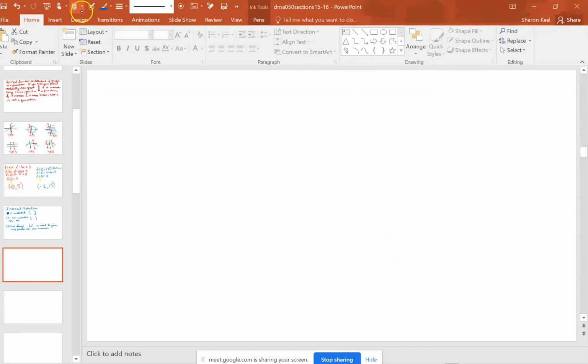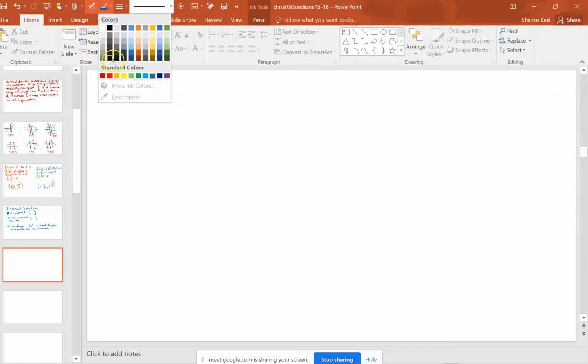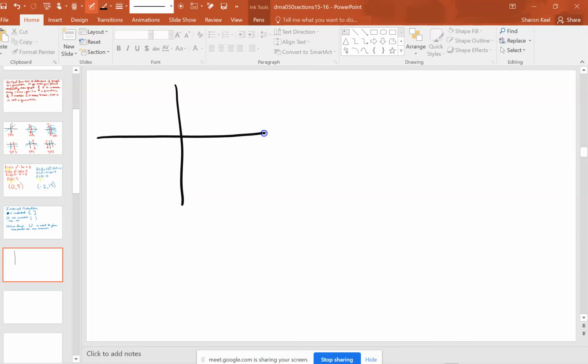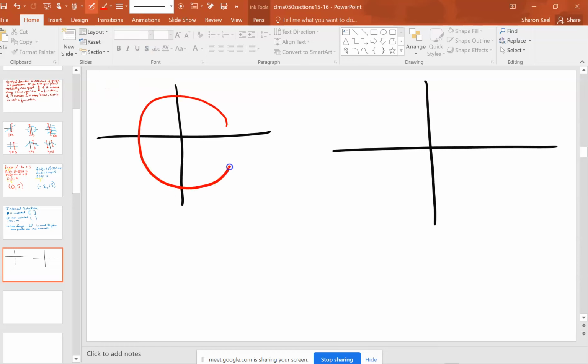Okay, so let me give you a graph here. I'm going to do two graphs, one here and one here. For the circle that I have, if I'm identifying the domain, those are my x values.